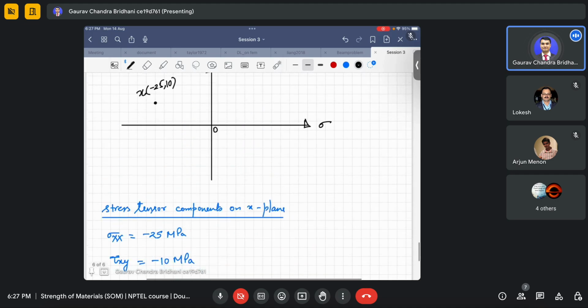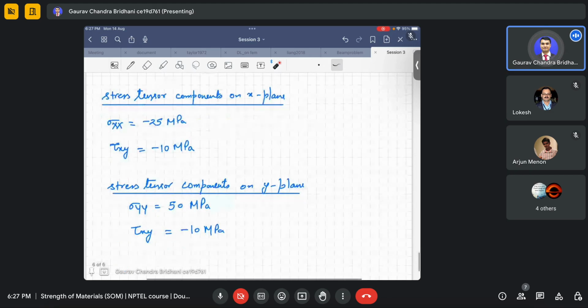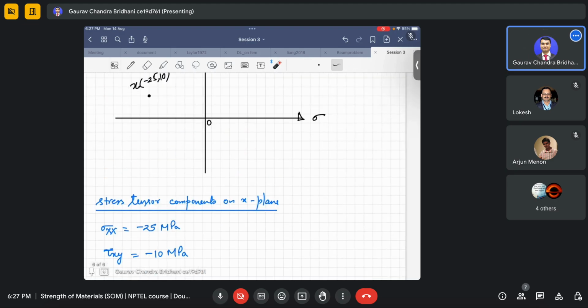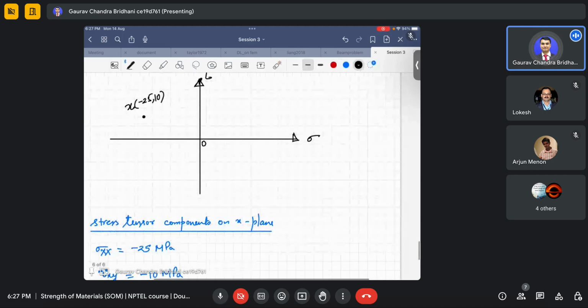That means you have to plot it in the positive direction, in this direction, and tau xy is minus 10, and that will be done in the conventional manner, that is in the negative direction, so that it is downward. So this point will be lying somewhere here.